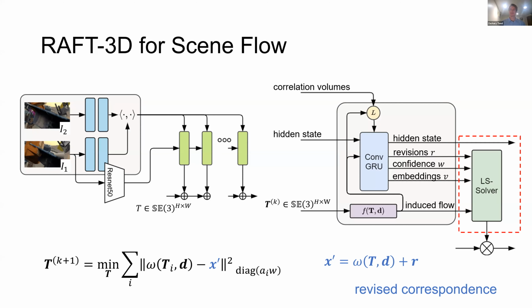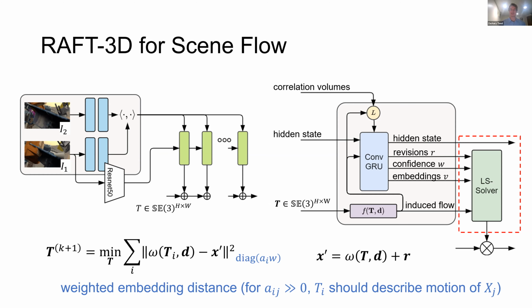We use the exact same optimization objective that we're using in DROID-SLAM, where we use this GRU to predict a revision, which is applied to the current estimate of correspondence. The difference now is that we're weighting this optimization objective based on this attention matrix.